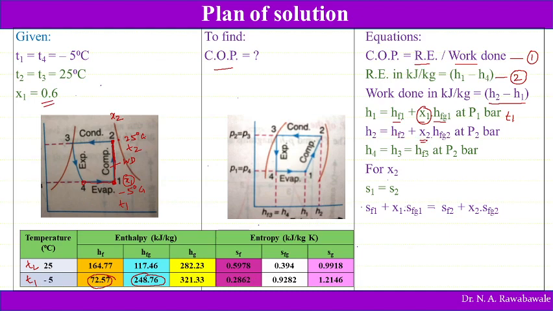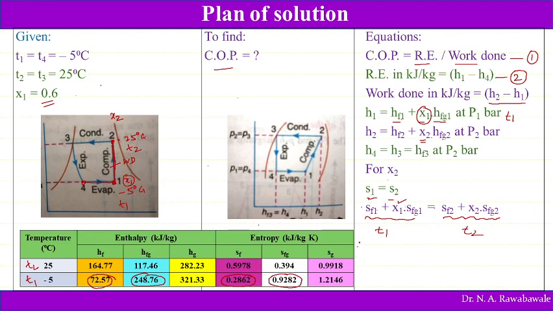To find X2, we equate S1 equal to S2. S1 is taken at temperature T1, and SF2 and SFG2 are taken at temperature T2. Here X1, SF1 and SFG1 are known, given in this table.